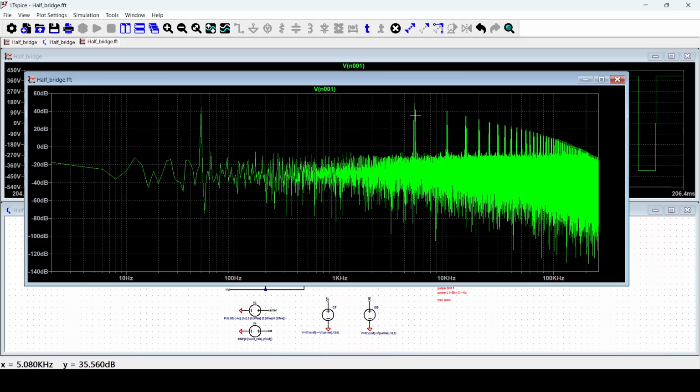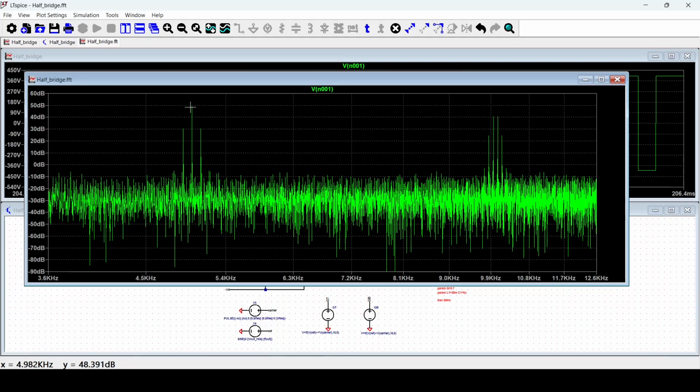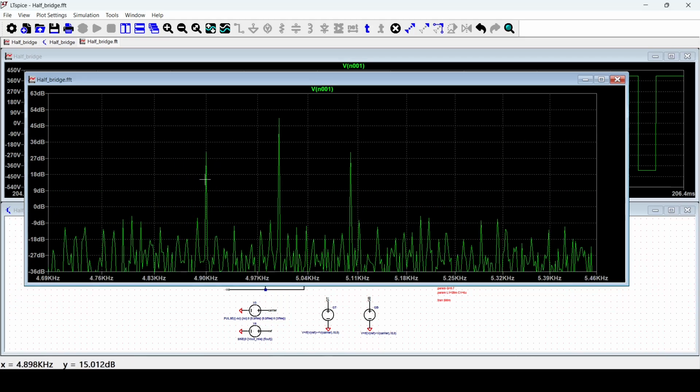in the higher frequencies, and these are basically the multiples of the switching frequency, because at 5 kHz we've got a high amplitude content. Also we can say that there is always a symmetry between the two spikes of the harmonic content.